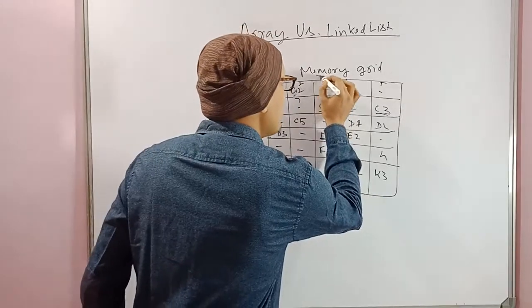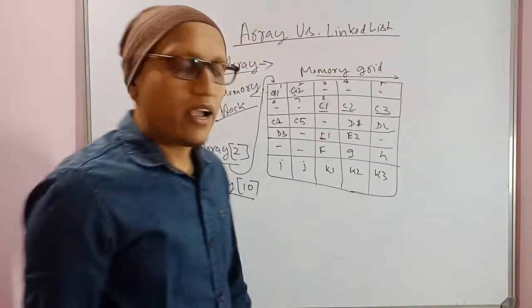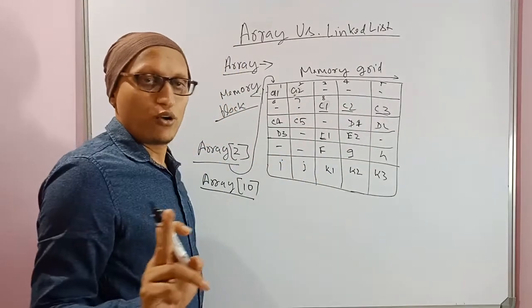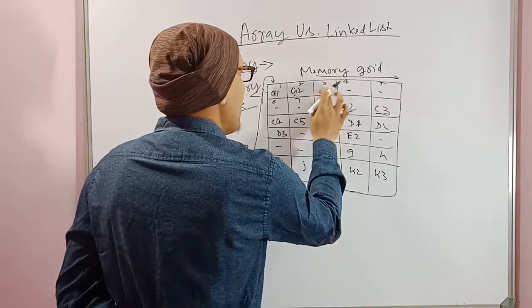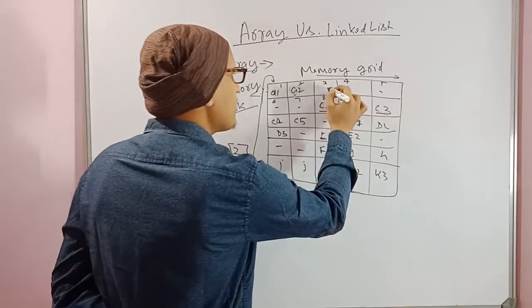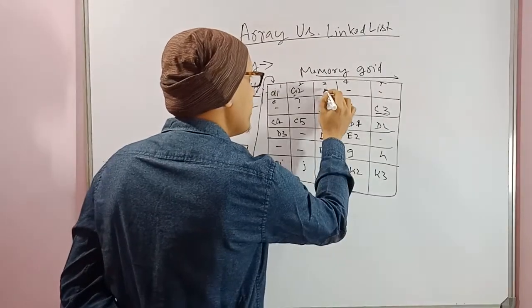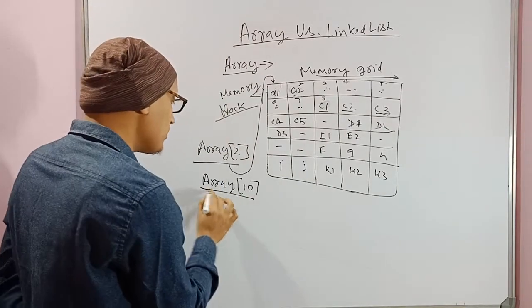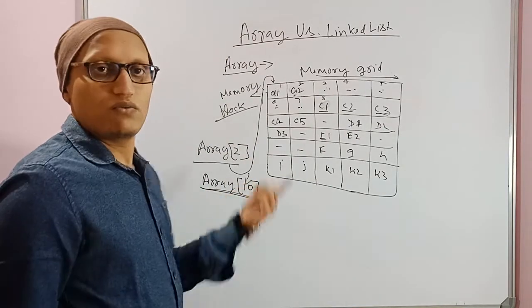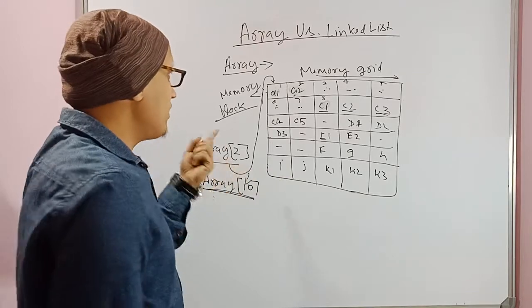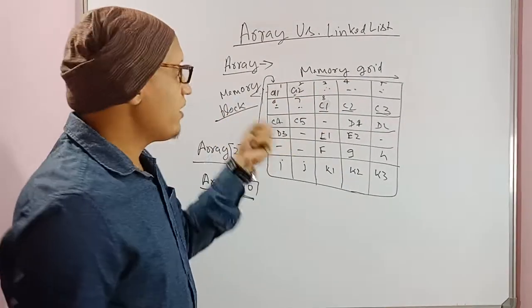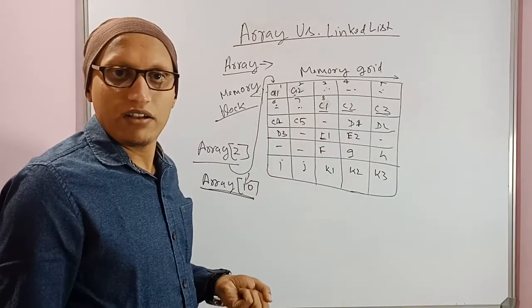Even though I have 10 free, I am not able to occupy them, because an array requires contiguous memory. If I allocate here, only 5 can be allocated, but I need 10, so it cannot be allocated because of the memory constraints.